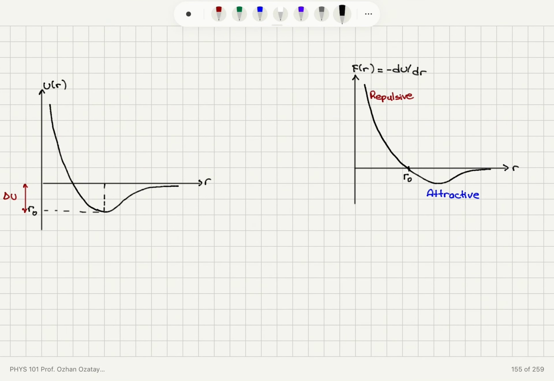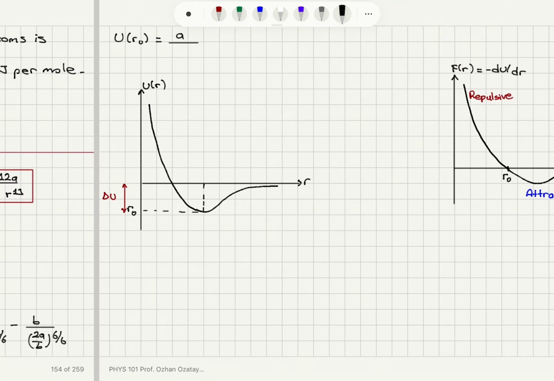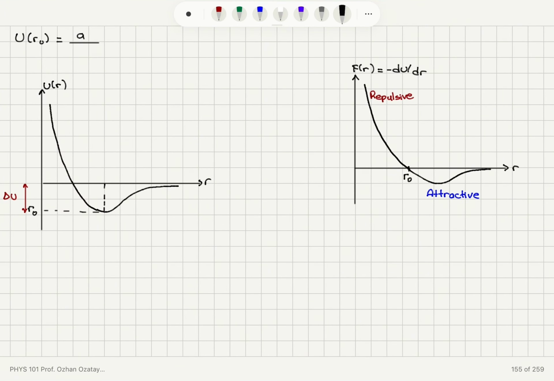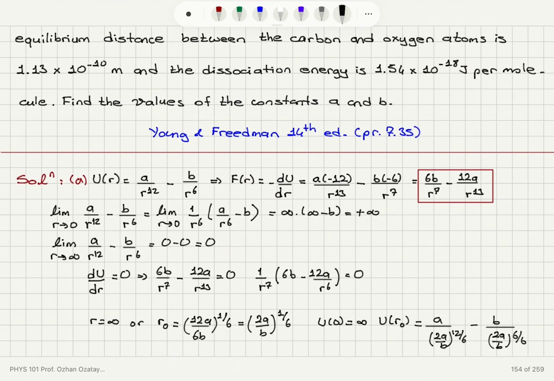We find that U at R0 must be equal to A divided by, 12 over 6 gives us 2, so 4A squared over B squared, minus B times B over 2A, since 6 over 6 is 1, and B goes upstairs.